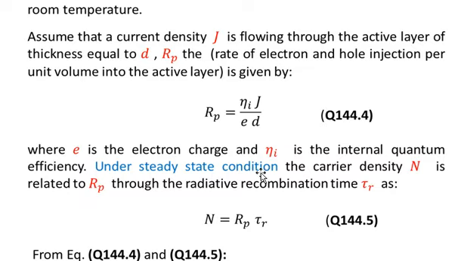Under steady state condition, the carrier density N is related to Rp through the radiative recombination time tau R.